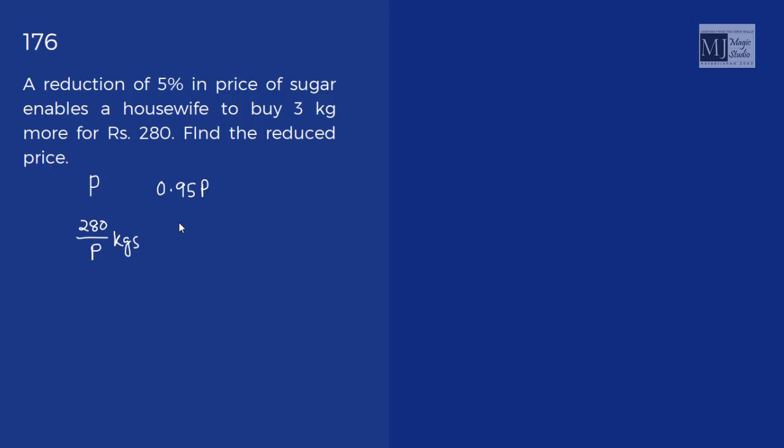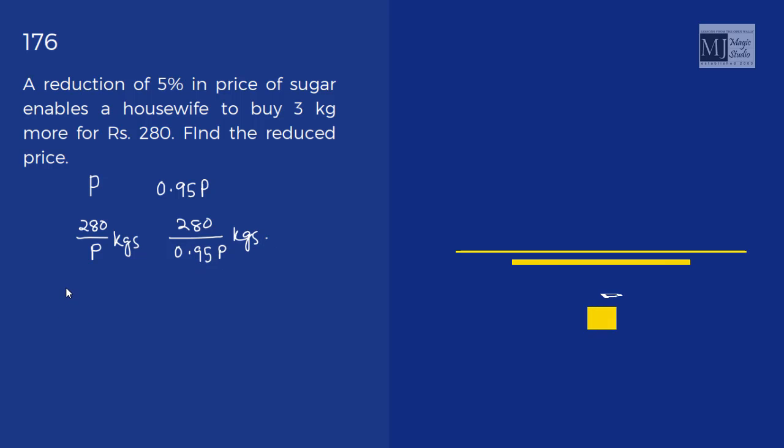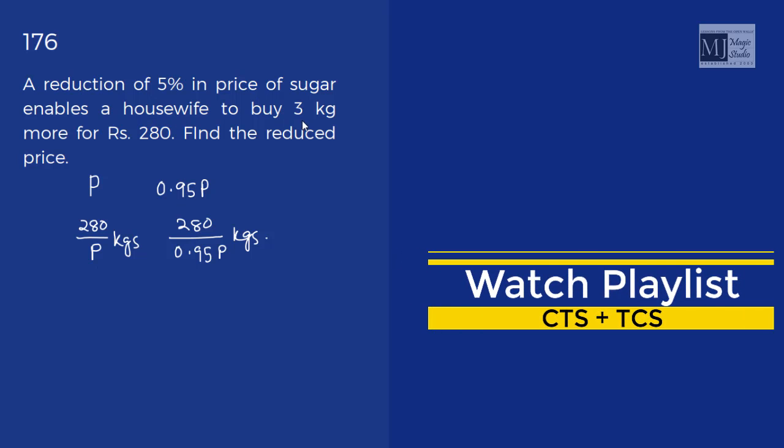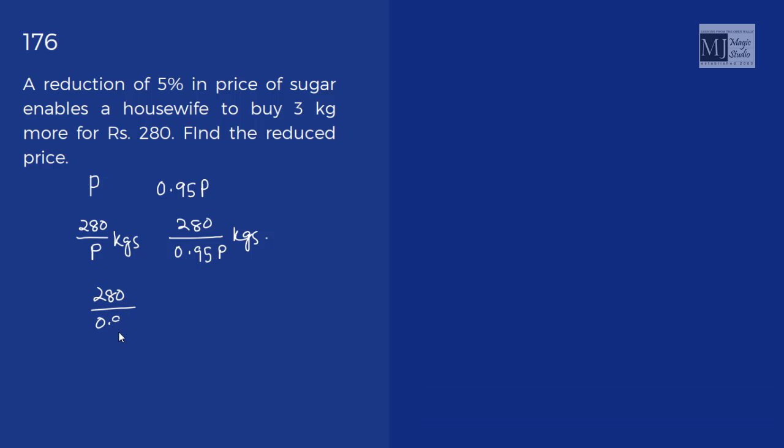Now she is buying 280 by 0.95p kgs. Because of this reduction, she is able to buy 3 kg more. That means 280 by 0.95p minus 280 by p equals 3.